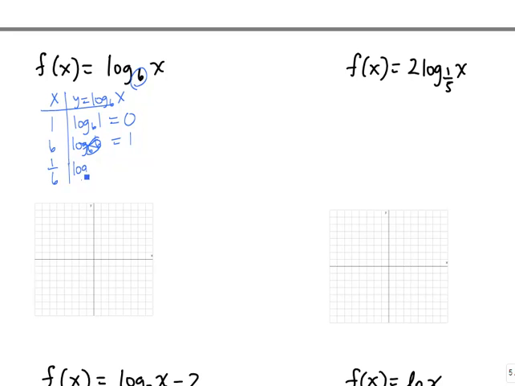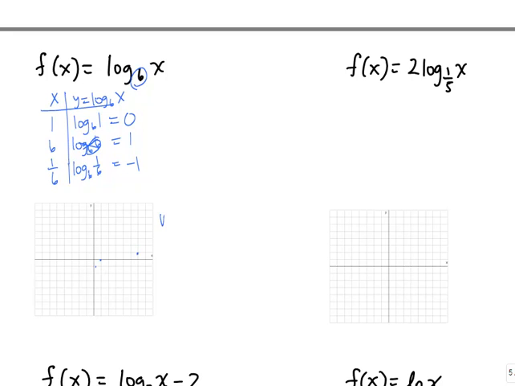And finally, if I use 1/6, then they don't quite cancel out, but we need to flip over the 6 to make it turn into a 1/6, and the exponent that flips you over is a -1. So log base 6 of 1/6 gives me -1. So here are my 3 points to plot: 1, 0; 6, 1; and 1/6, -1.